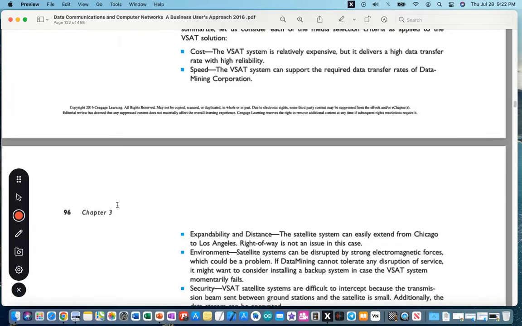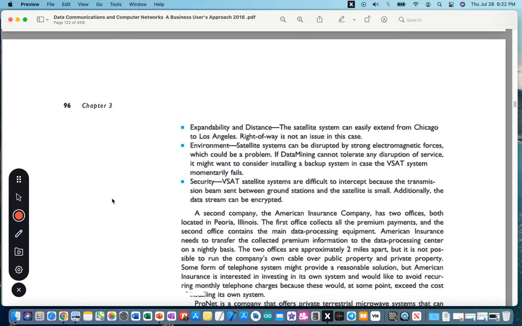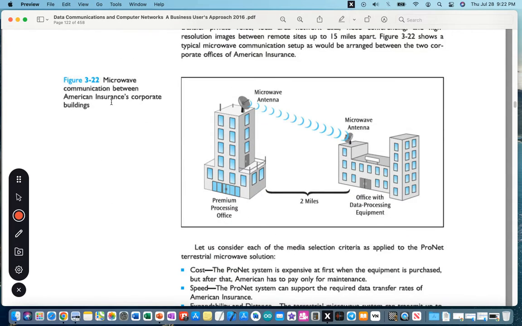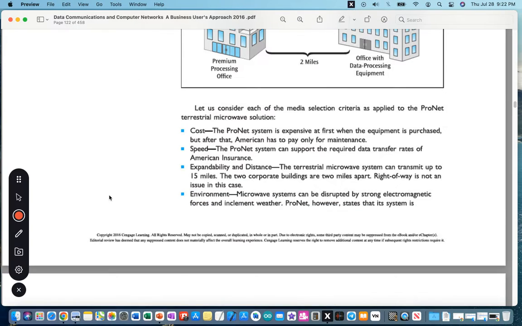And the cost, the speed, the expandability, the environment, the security. Again, the 5 factors. And here is the microwave communication between American insurance companies. So they're microwave antennas with open sides, and it's just 2 miles. So you can see the 2 buildings when you go on the top here and align the dish so they face each other. All right.